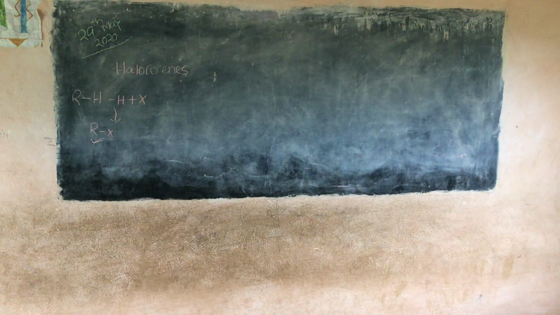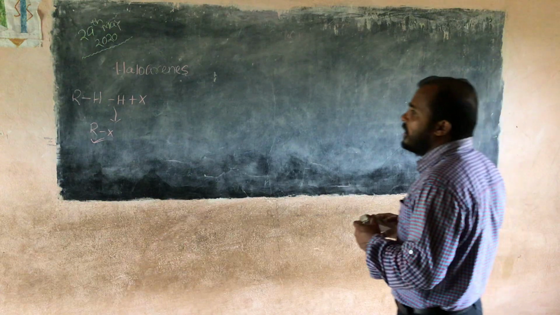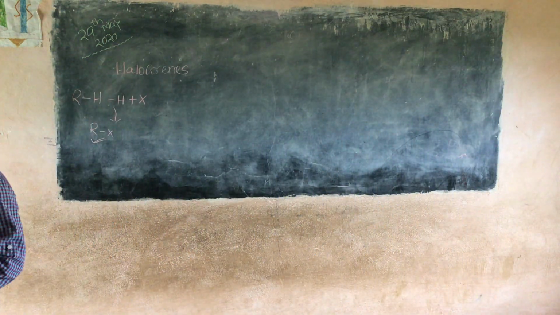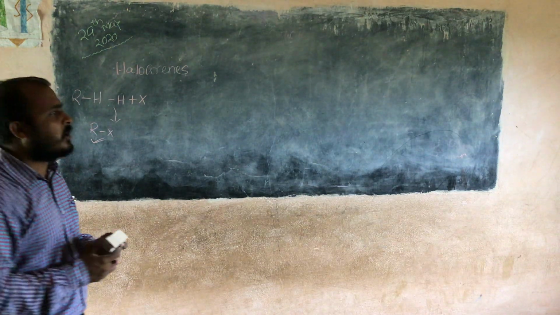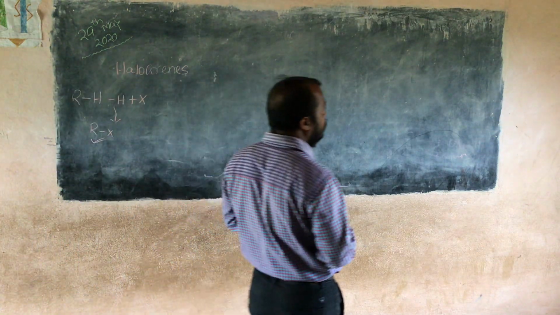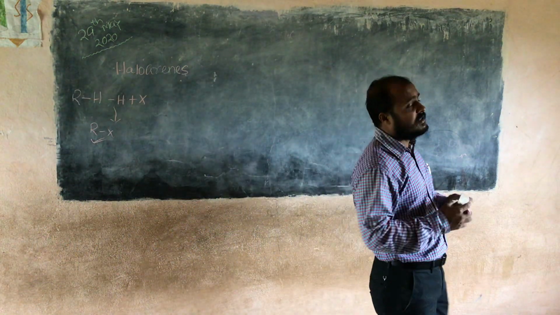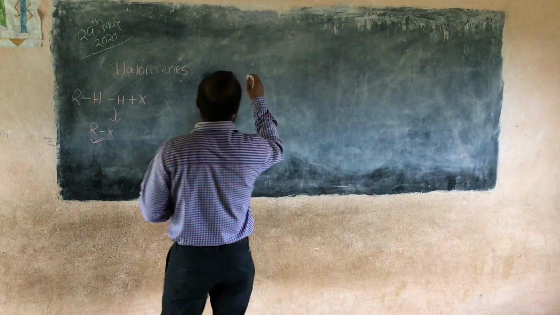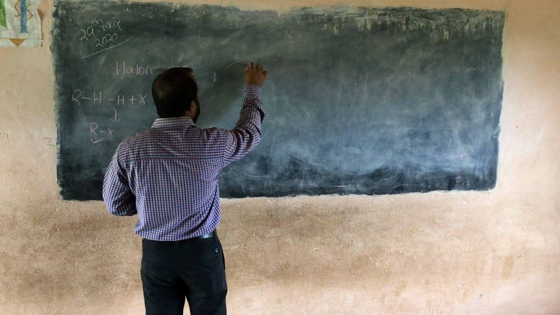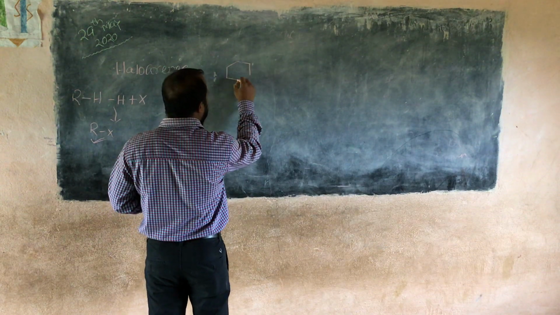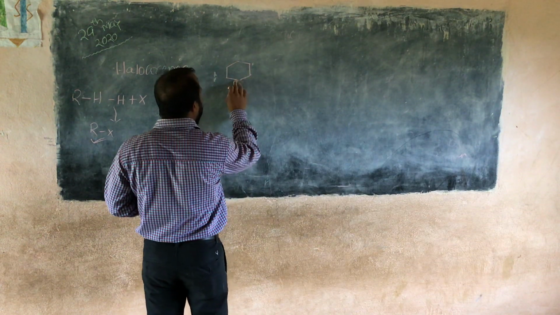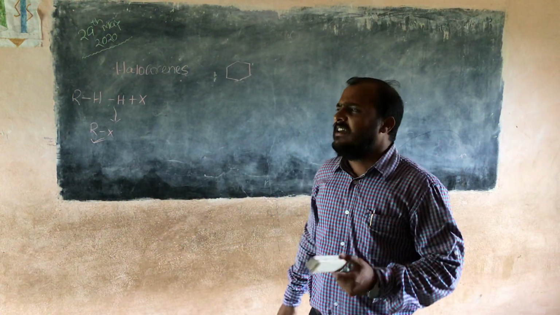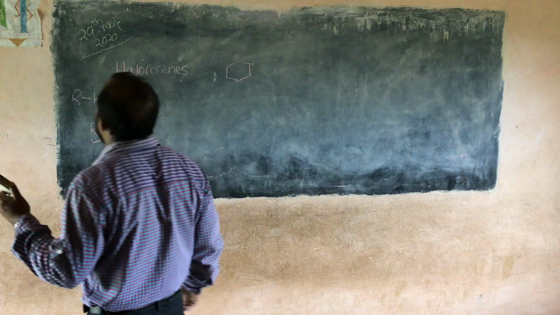Then what is an aromatic compound? Up to your syllabus, the compounds which obey Huckel's rule, 4n plus 2 pi electrons, are considered as aromatic compounds. The first aromatic compound was isolated as a cyclic member having 6 carbons.